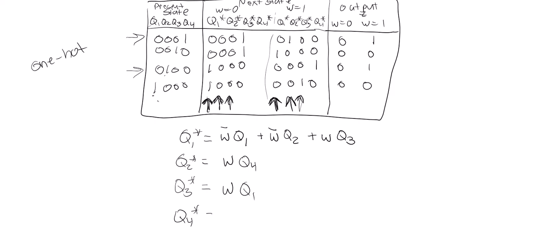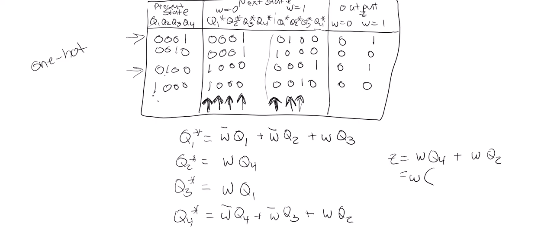And Q4 star is, alright, in this one, when W is 0, we would have W bar Q4 or W bar Q3 or W Q2. And let's see about Z. What does Z equal? Z equals W Q4 or W Q2.